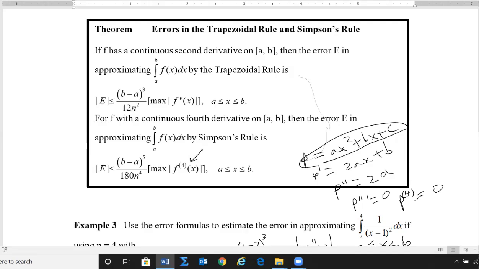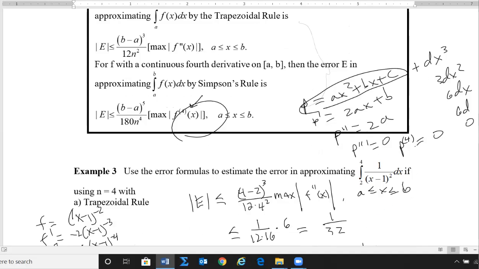If you added one more term on here, for example, let's say dx to the 3rd. As you're differentiating, this would be 3dx squared. Next derivative would be 6dx. Next derivative would be 6d, and the 4th derivative would be a 0. So that would give you the maximum here is a 0 also. So anyway, just a little something to think about there.